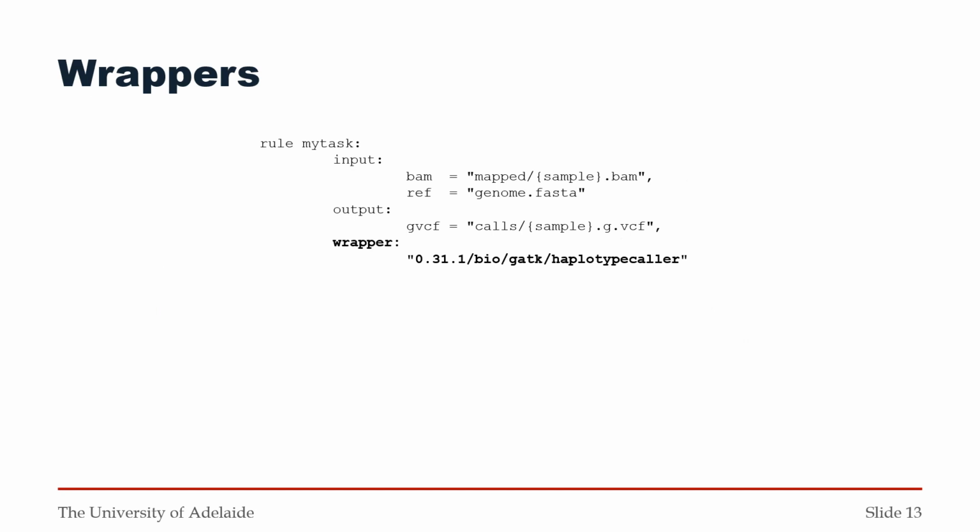As you can imagine, there are lots of rules that will be generalizable. Doing GATK haplotype calling is one of those tasks that has some common types of inputs and has an output. And so Snakemake has this wrappers keyword that allows you to reference generalized wrapper scripts that are maintained in a Snakemake wrappers repository.